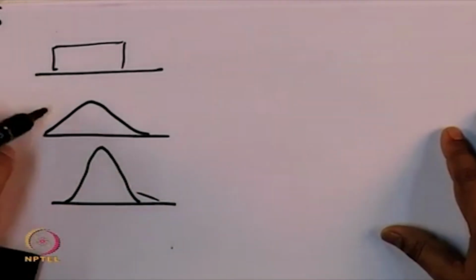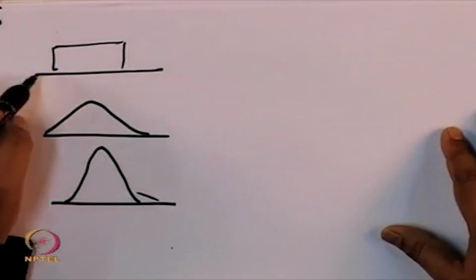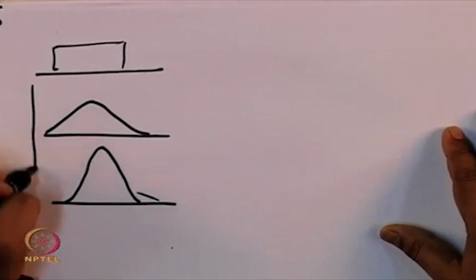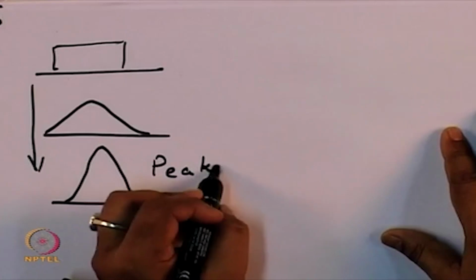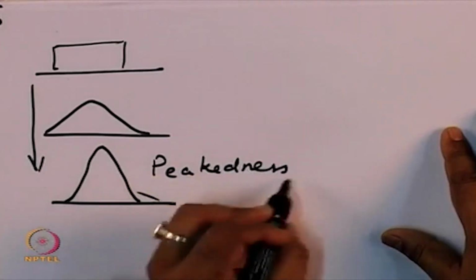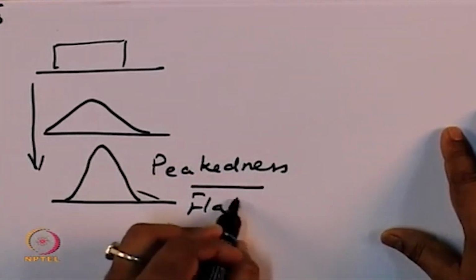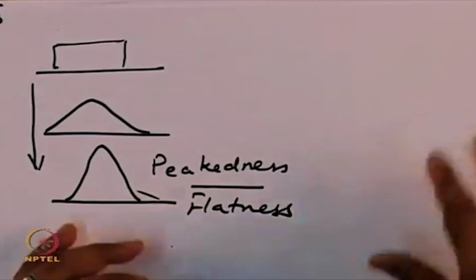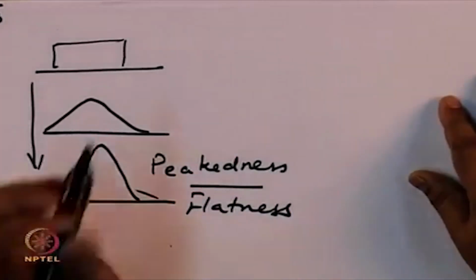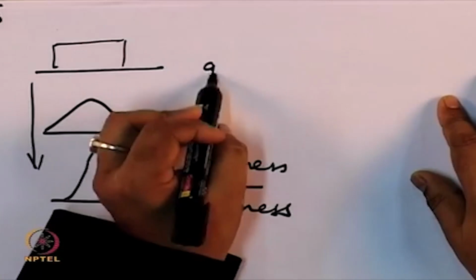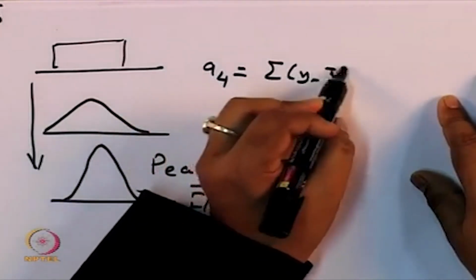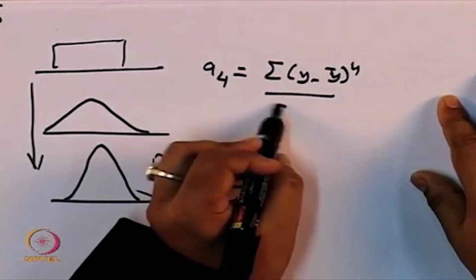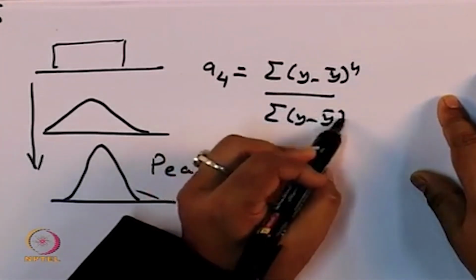What I see is the peakedness of the curves is increasing. It measures the peakedness or flatness of a curve, and it is given by this metric A4, which is defined by the summation of y minus y bar whole to the power 4 divided by the summation of y minus y bar whole square.